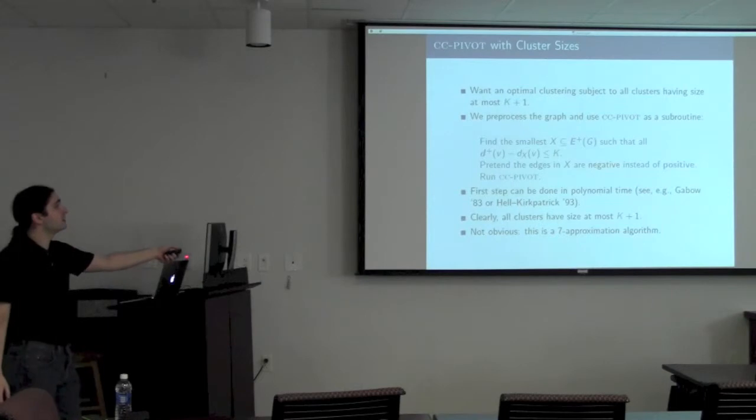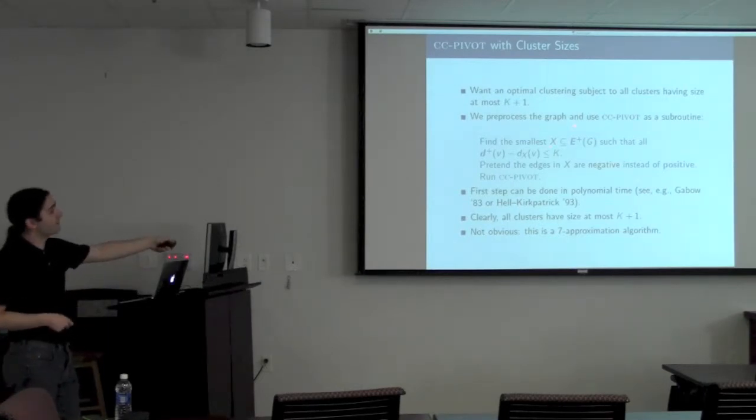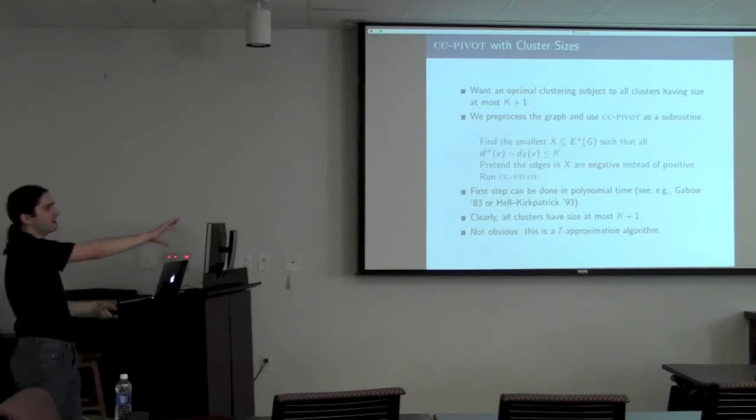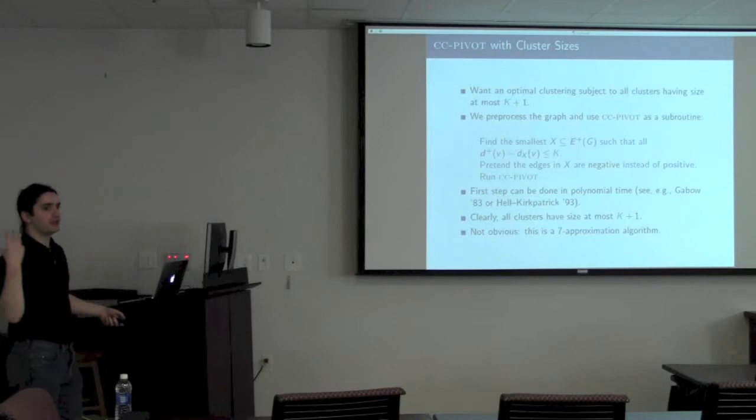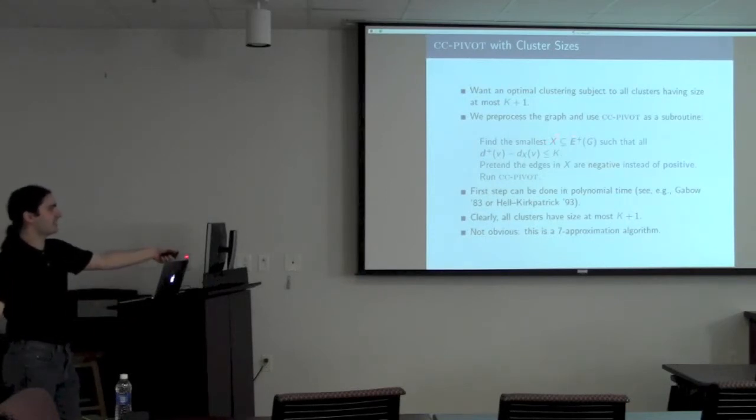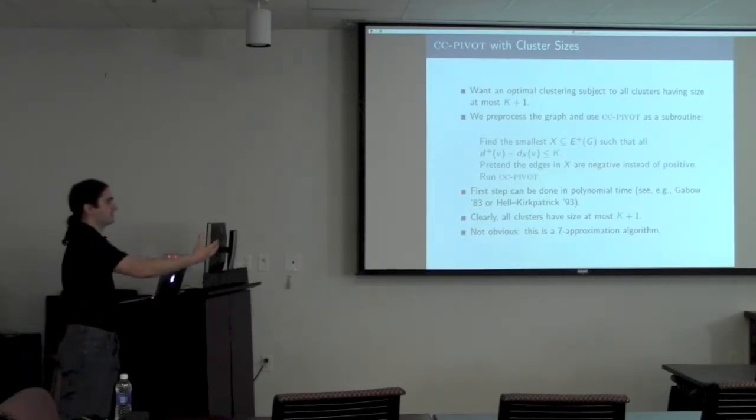And so what we want to do is, first find a set of positive edges X, so that if I pretend they're negative, then that is true. If I pretend that all these edges in X are negative, then the positive degree should be at most k everywhere. After I do that, I'll just run CC pivot and use the clustering that it gives me.